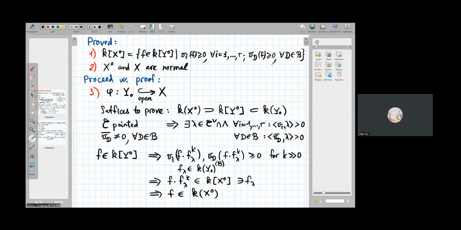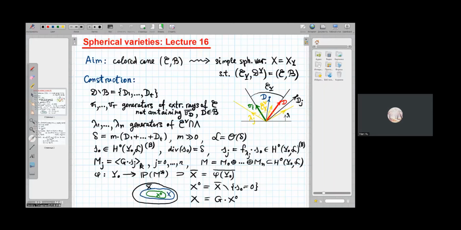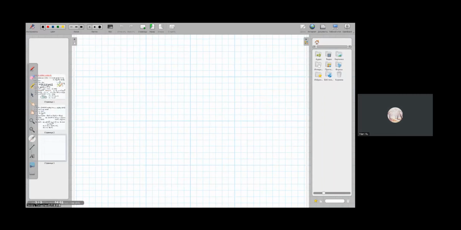So we have proved that this x we constructed here is indeed an open embedding of my homogeneous space Y0. Now we want to prove that x is a simple embedding, that x contains a unique closed G orbit. This will be our next step. Step 4: we prove that x is simple.